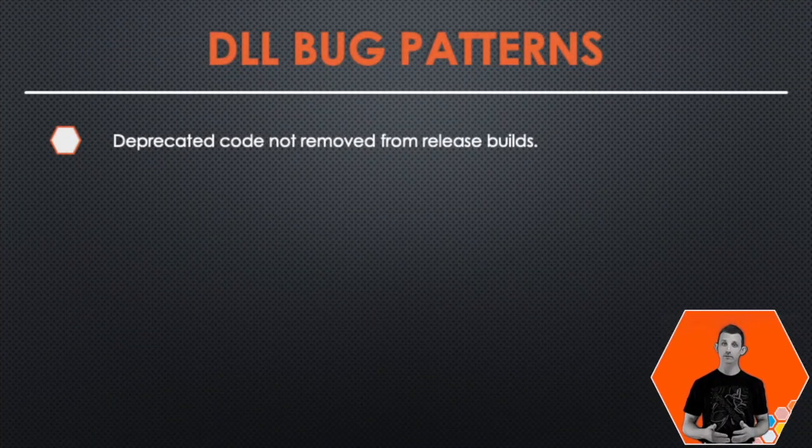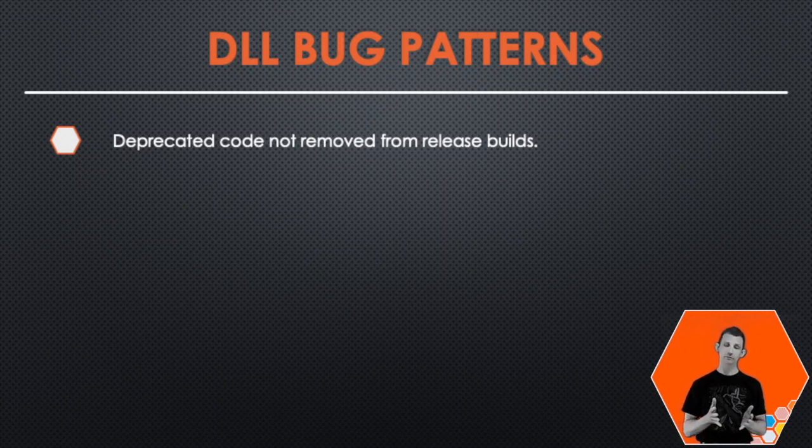Now that we have some background about the Windows development environment, the patterns and practices that we can expect our developers to be implementing, and some of the high-level technical aspects of the modular assemblies in a Windows environment, let's take a look at some of the common bug patterns that we will encounter. You may recognize many of these.